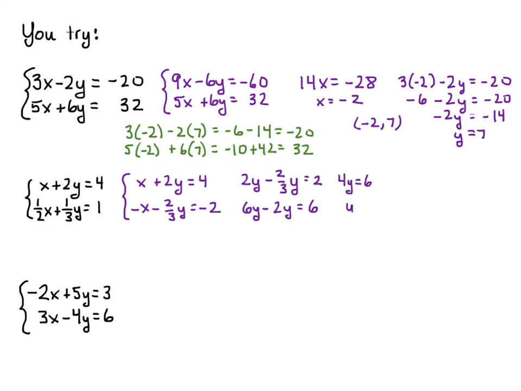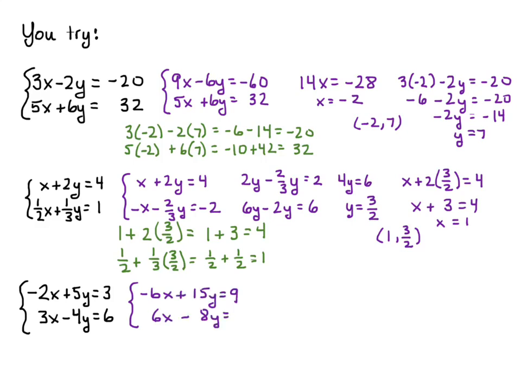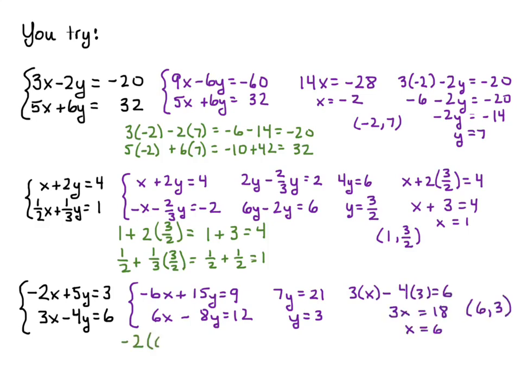Okay, then the second one, we look at 1, 3/2. Okay, everybody good with that one? And then the last one, 6 comma 3, and that checks out.